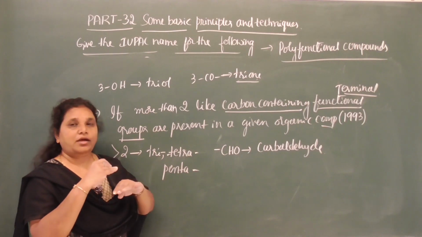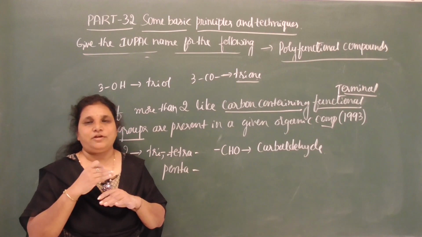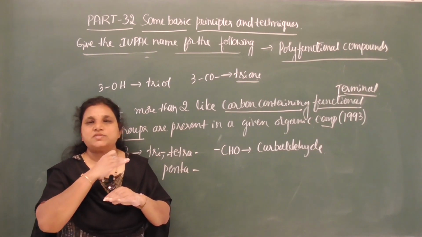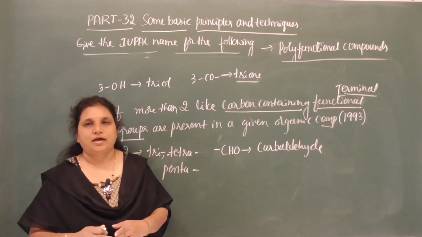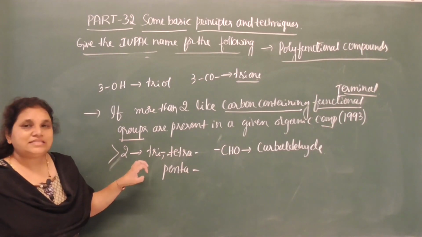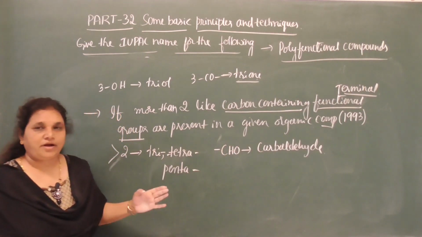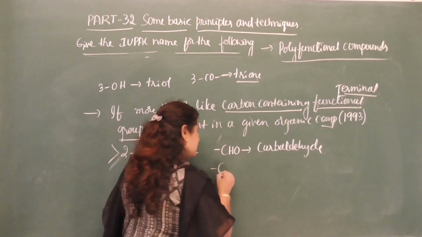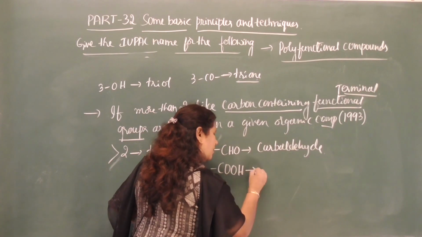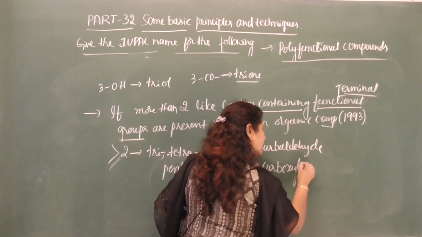So when 2 or more carbon containing terminal functional groups are attached to the straight chain of a parent alkane, they are named by using different suffixes: tricarbaldehyde for aldehyde, and for the COOH group we have to use carboxylic acid.